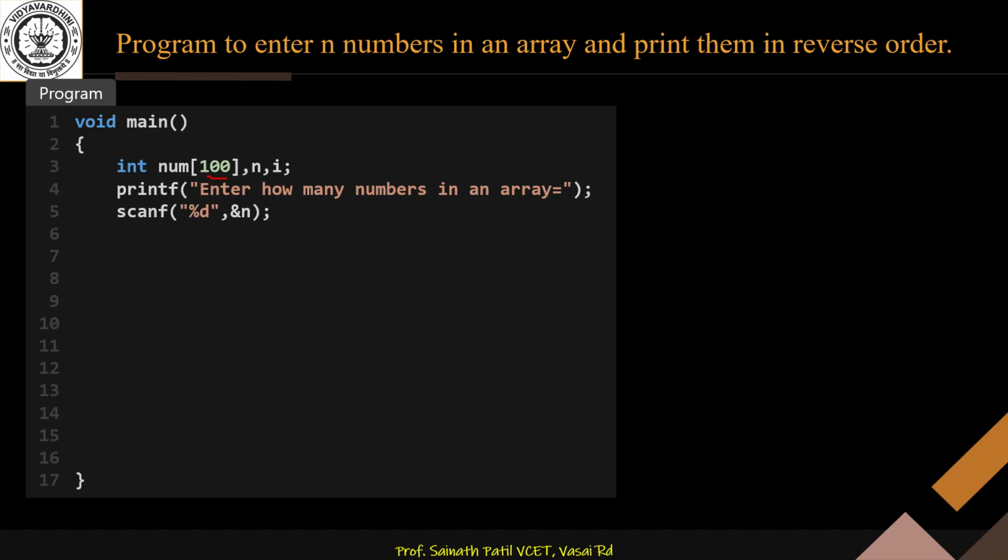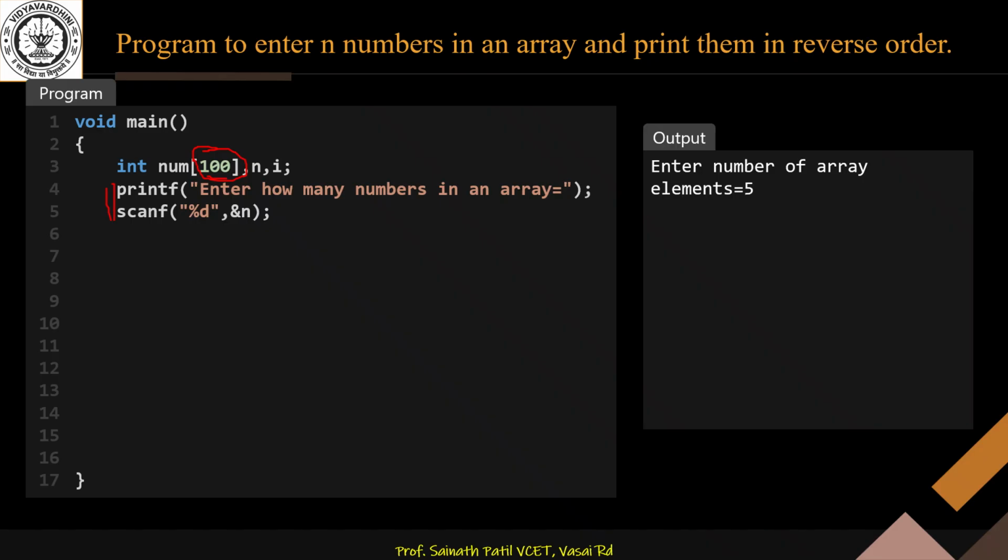Now here I declare the array of size 100, that is, maximum I can store 100 elements, but dynamically I can change. So that is why I use this printf scanf statement to decide how many numbers. So I can enter 5, 10, 20, any number of variables in the array.